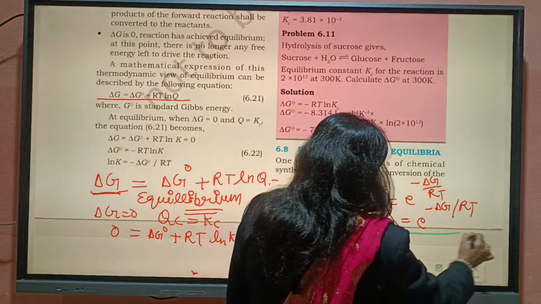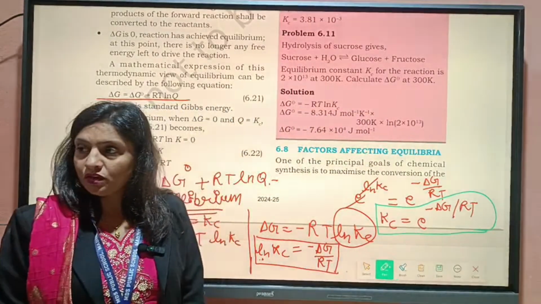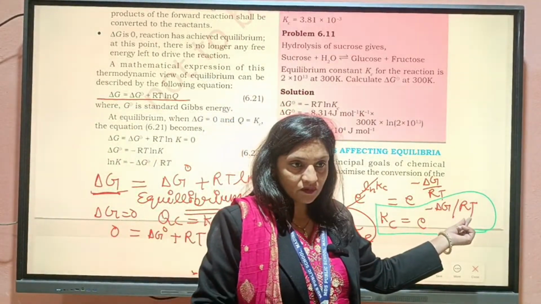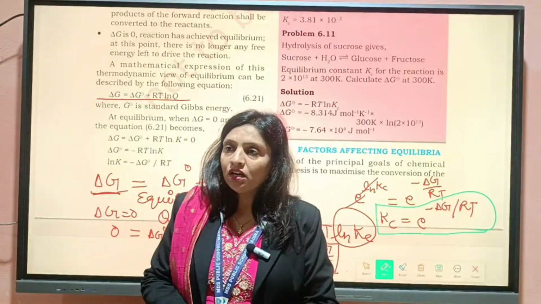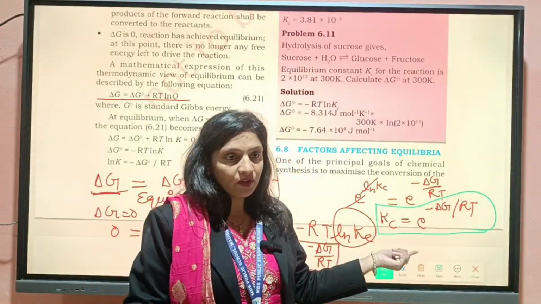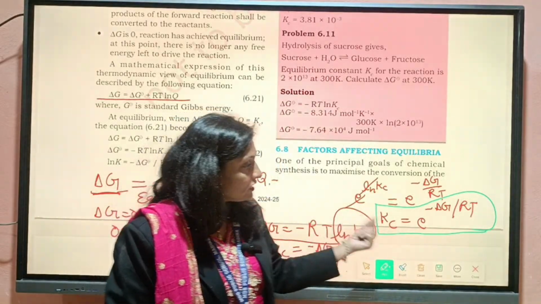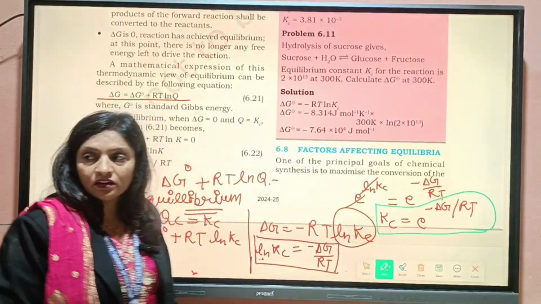So this will be the relationship between Kc and del G. Kc and Qc are the same thing, but Kc is at equilibrium and Qc is at any concentration. In this way we can find the relationship.